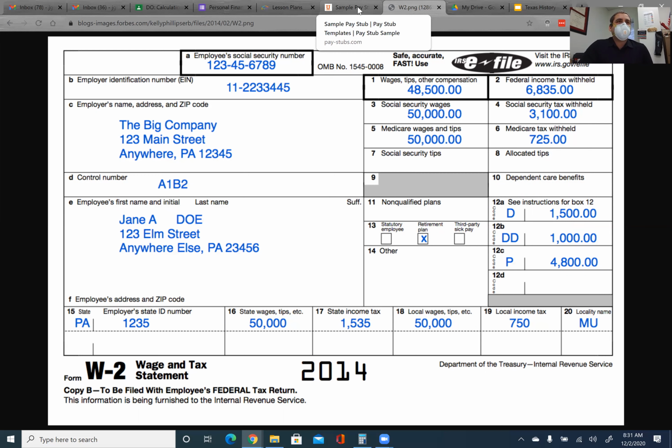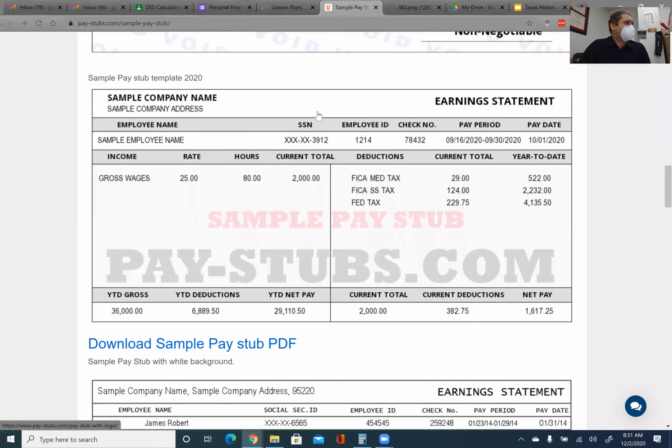Okay, guys, the one other thing I wanted to go over before we end today is the W-2. Keeping track of all of your pay stubs throughout the year would be a pain, right?